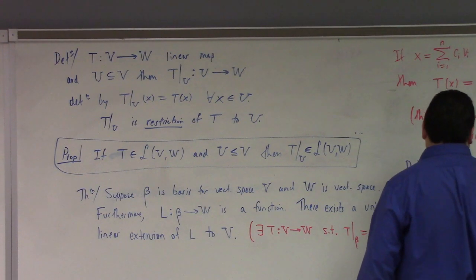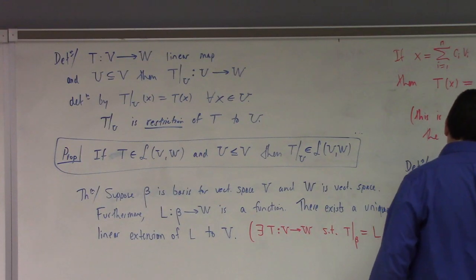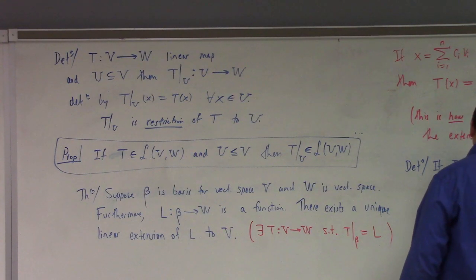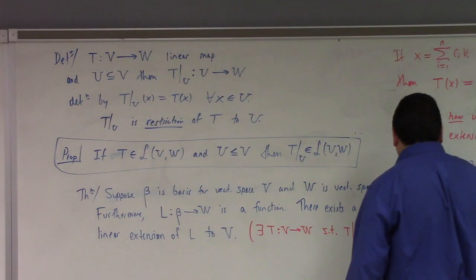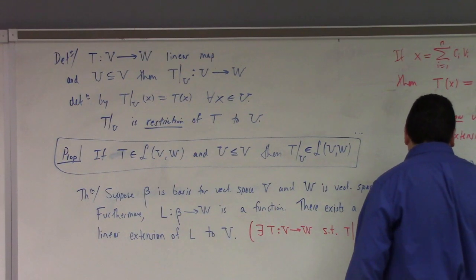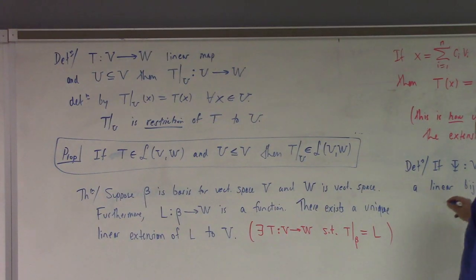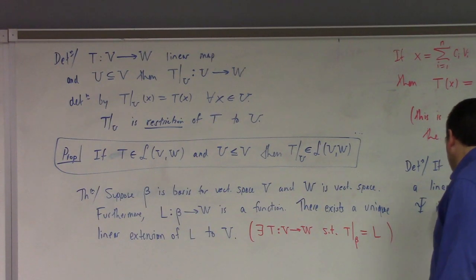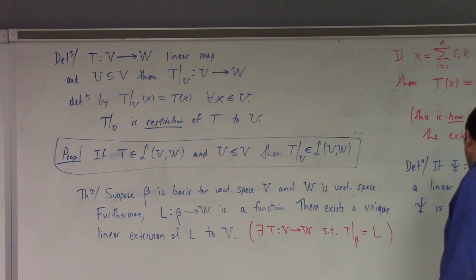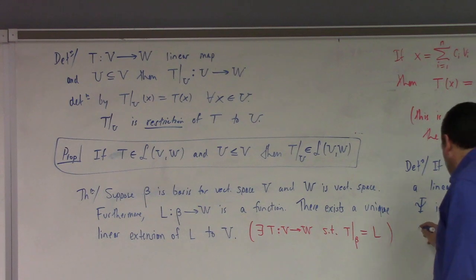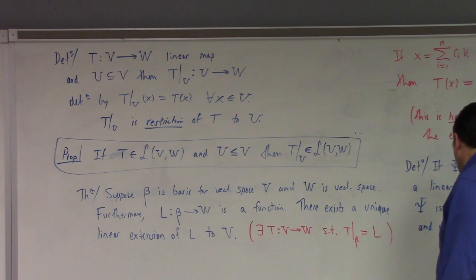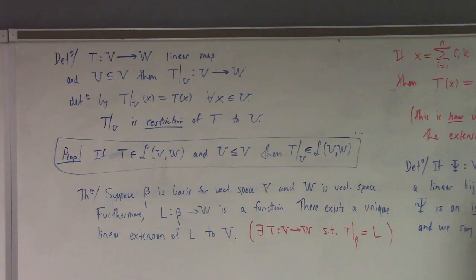This guy is a mapping from V to W, a linear bijection, then psi is an isomorphism. And we say V is isomorphic to W.